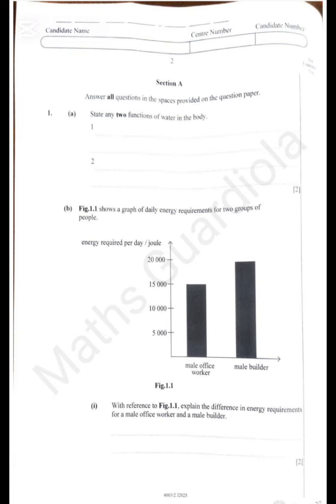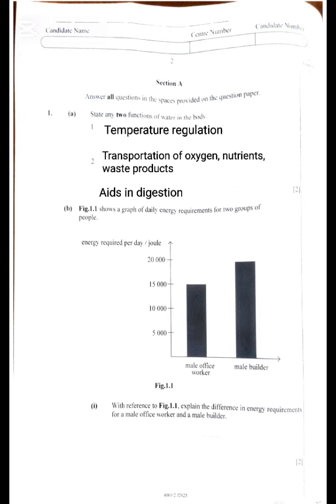Number 1A is reading. State two functions of water in the body. So functions of water in the body, it plays very important roles. It helps in regulation of body temperature. It also helps in transportation of nutrients, oxygen, and waste products.